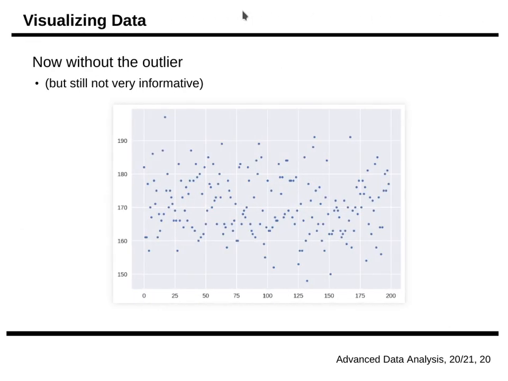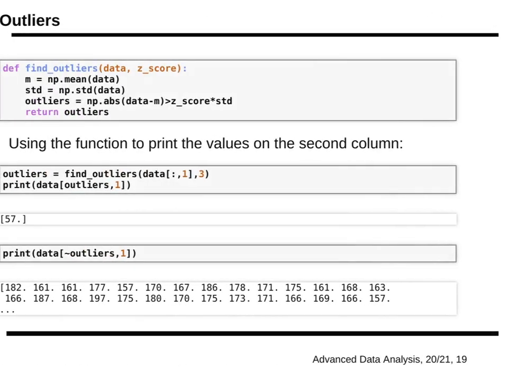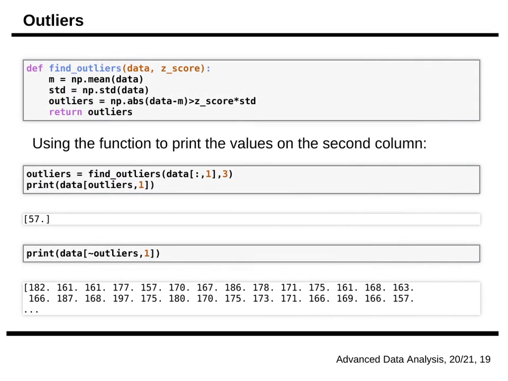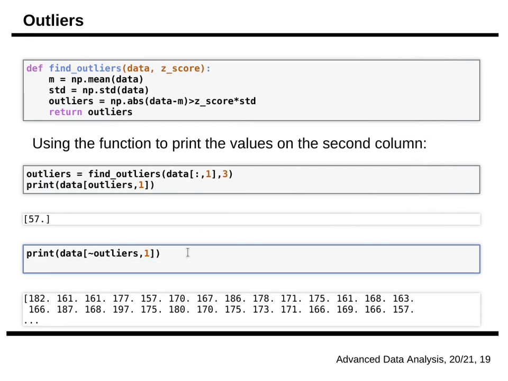So now we can visualize the data without the outlier. We can return the data. For example, we can do this: selected, for example, equals data, and the data that has no outliers. So you're only looking at the rows that are not outliers and all the columns.